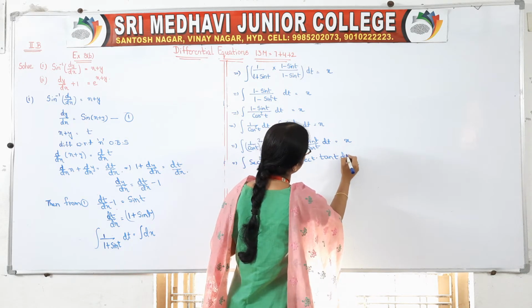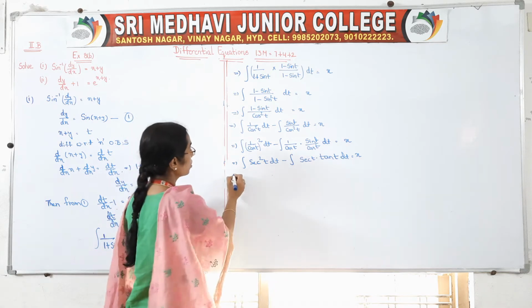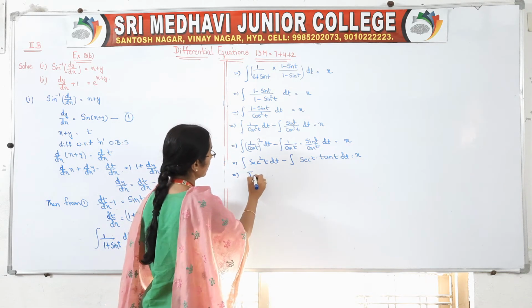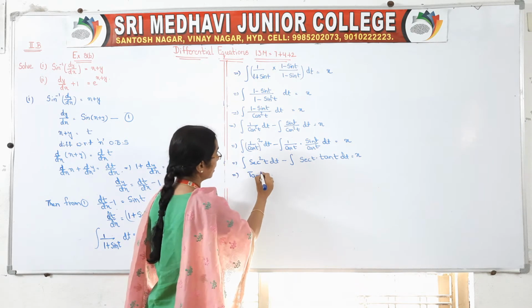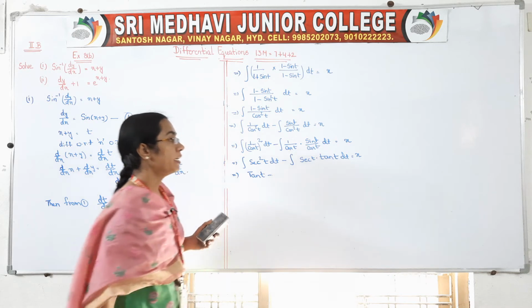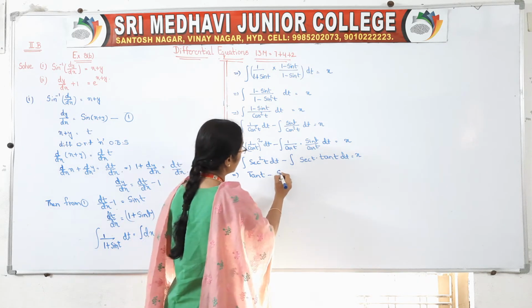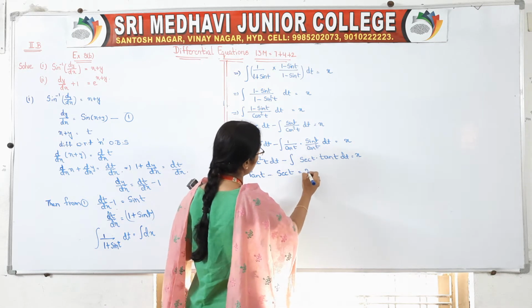Secant square standard form: integral secant square t dt is tan t, minus integral secant t tan t is secant t, is equal to x.